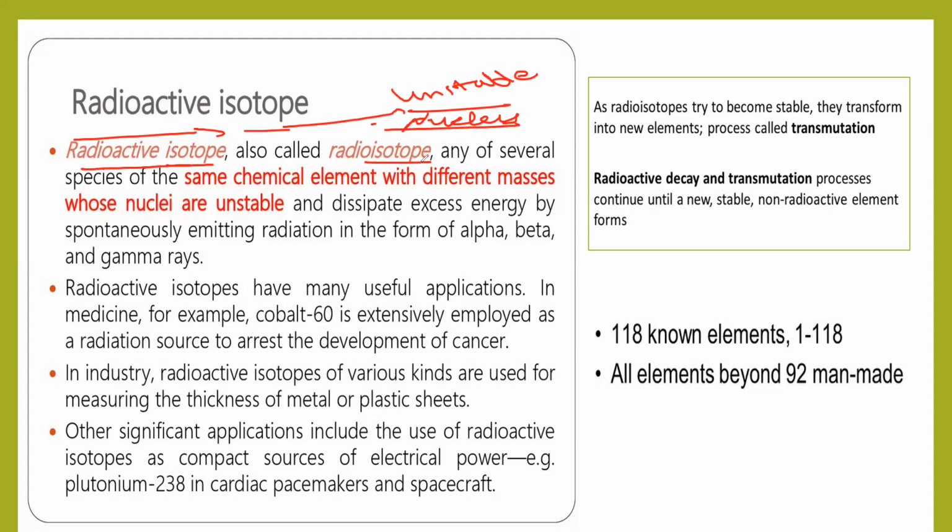Isotopes which are unstable and continuously emitting radiation are known as radioactive isotopes. Any of several species of the same chemical element with different mass whose nuclei are unstable. So in simple words, radioactive isotopes means isotopes with an unstable nucleus.